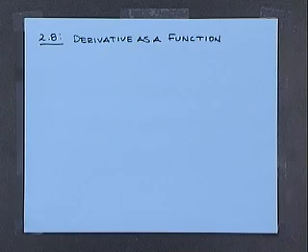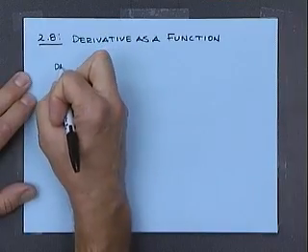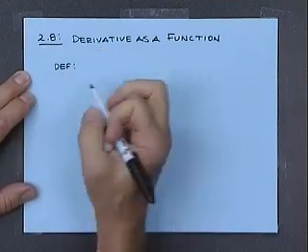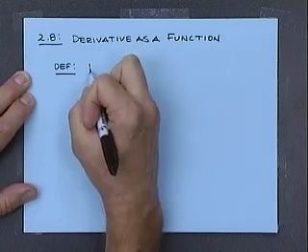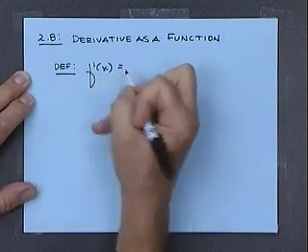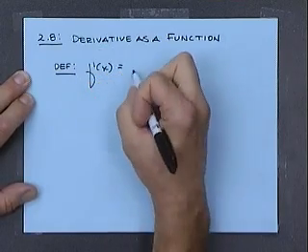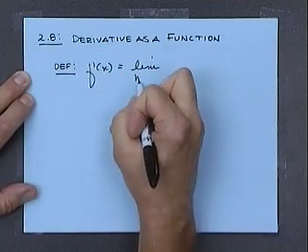So we know what it represents. It represents the slope of the tangent line. It represents the instantaneous rate of change. We know a couple of ways by definition. I think probably the most often used definition of derivative, if we have f of x, we want f prime of x.